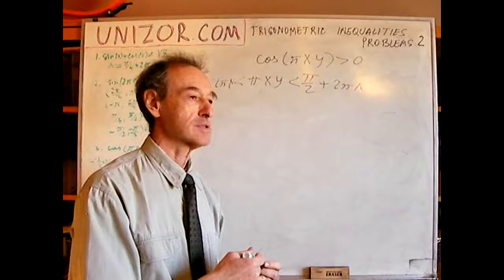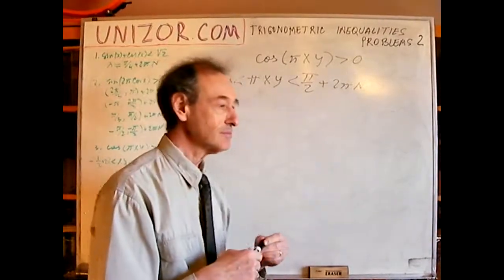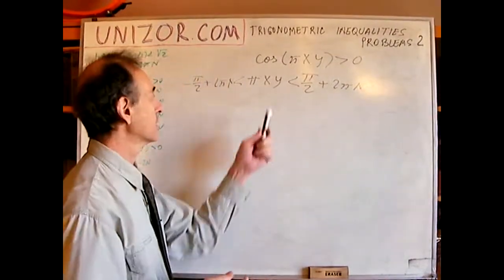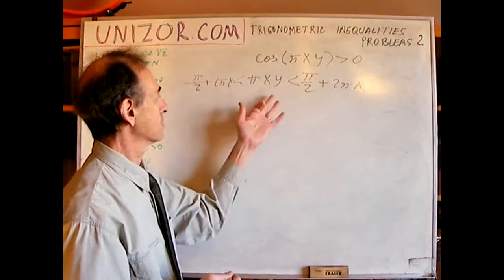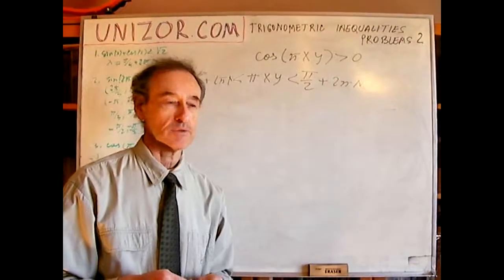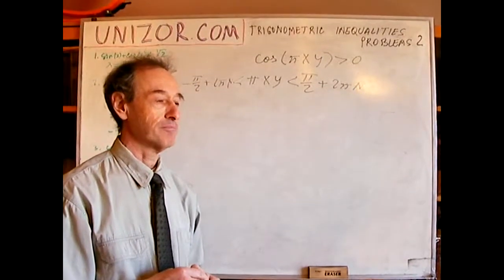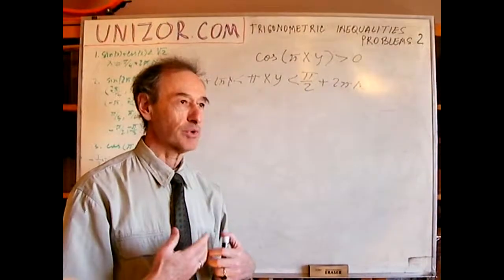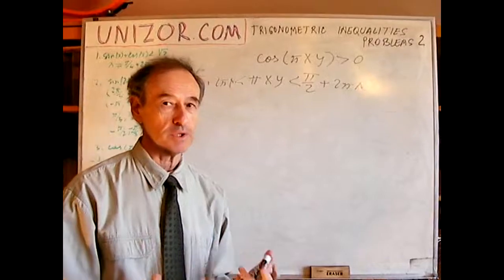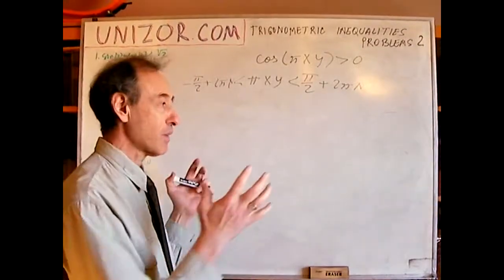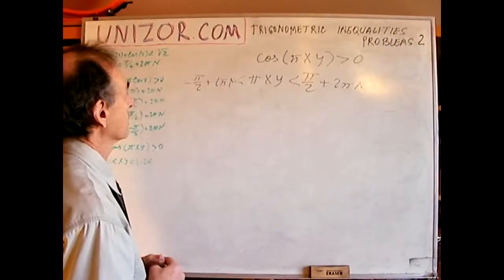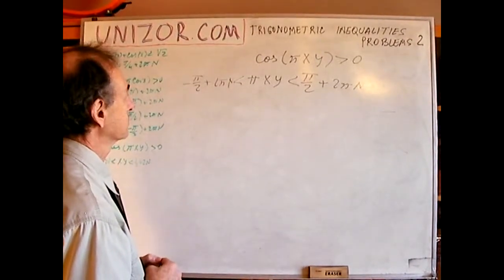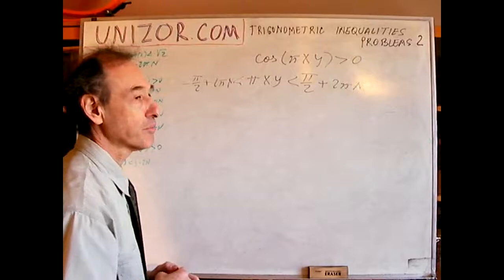My point is right now, you cannot really express it analytically better than this. Obviously you can just resolve it for y or for x, but it does not really give you the feeling of what exactly the solution is. That's why I would like to approach it graphically. All right? So, how can we approach it graphically?